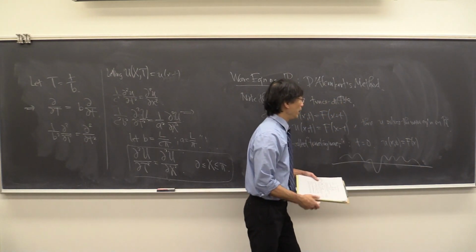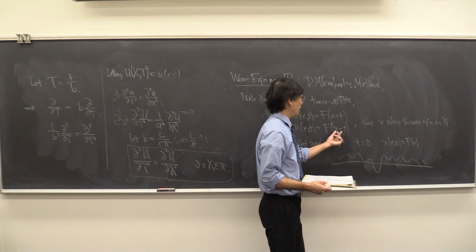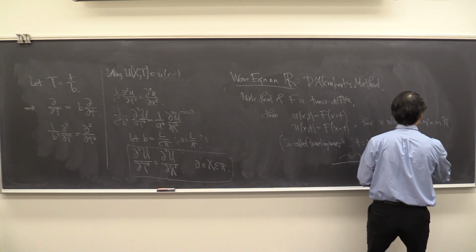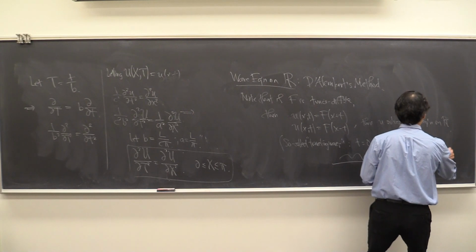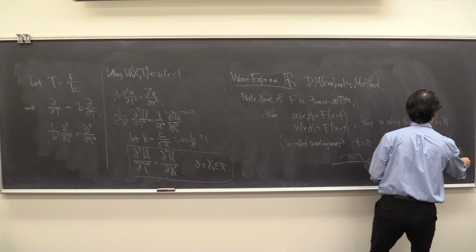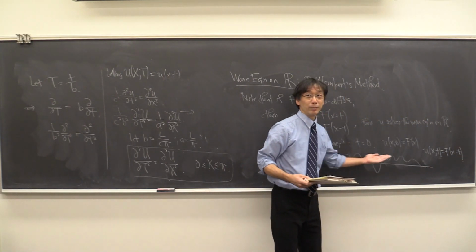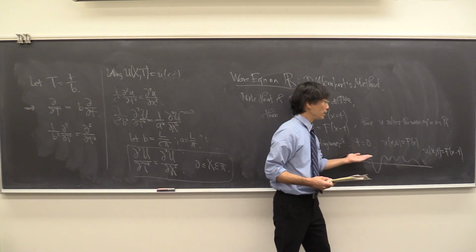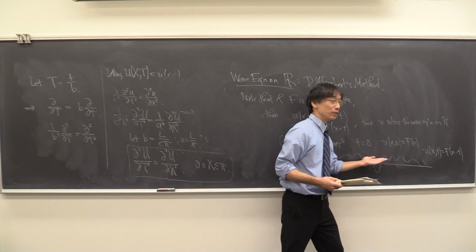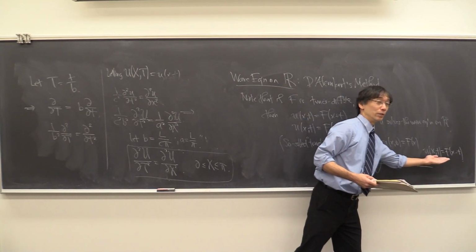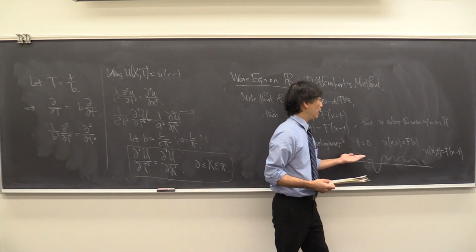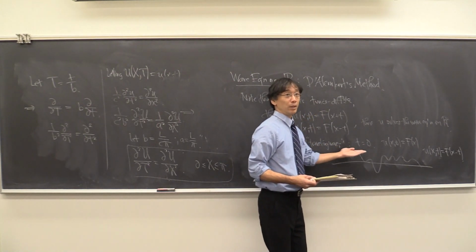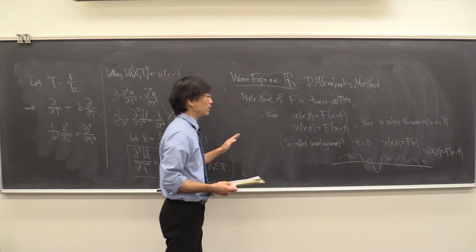And then let's look at the second one. u of x, t is f of x minus t. So that's just a translation of your graph to the right. So as time moves, this whole thing is just moving to the right. And then this one would be moving to the left, as time goes on.